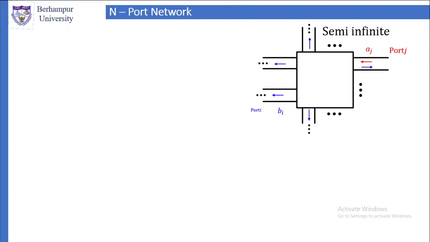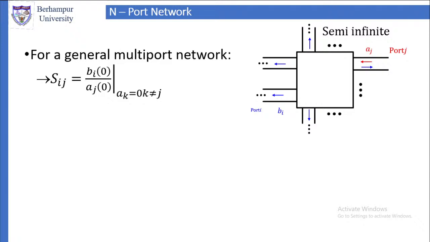The same concept we can extend up to an N-port network. We have seen the 1-port network, 2-port network and 3-port network. Now you can extend it up to an N-port network or a multi-port network. For a general multi-port network, Sij will be equal to Bi by Aj when Ak is equal to 0, k not equal to j.